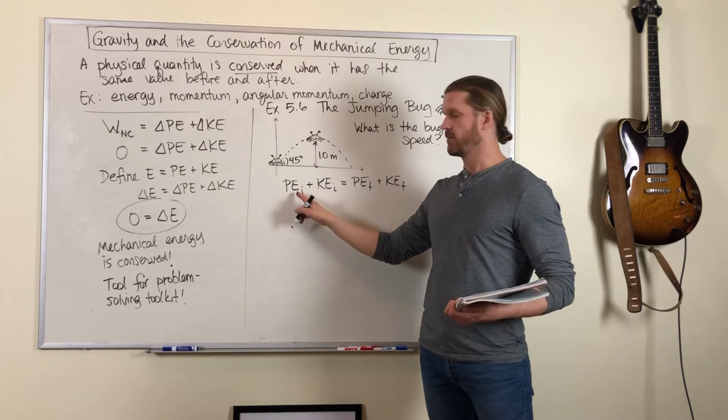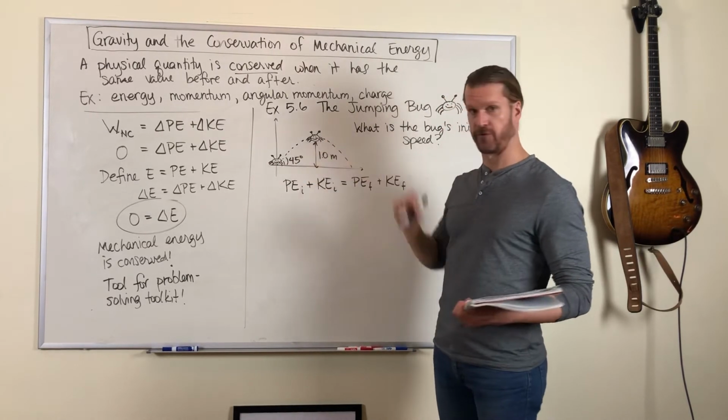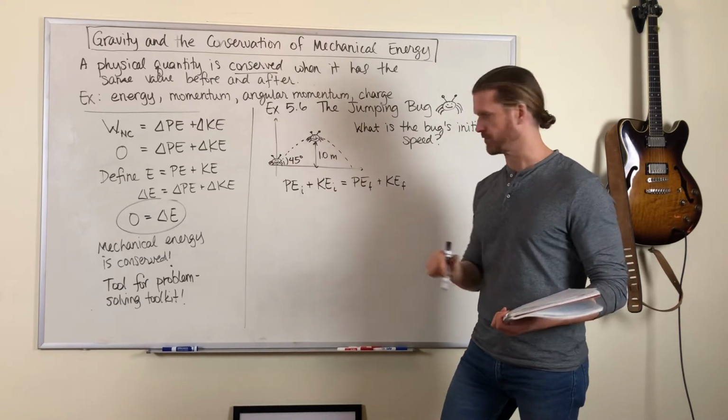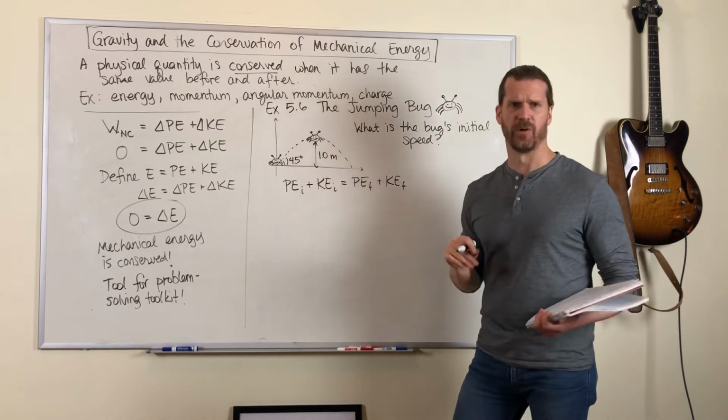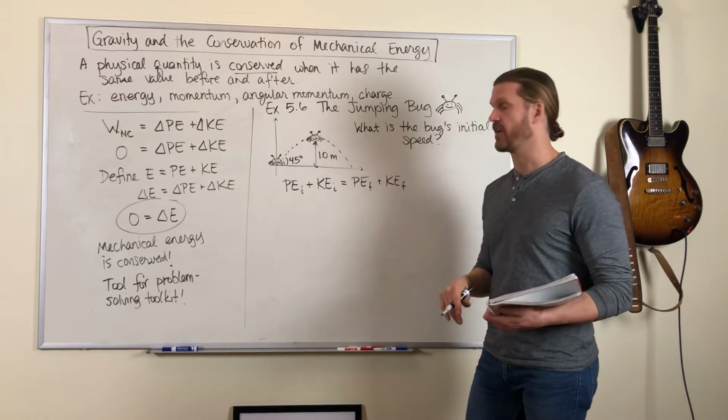And for this situation, initial refers to the jump, final refers to the maximum height. So final's not when the bug lands, final's when the bug's at the highest height.